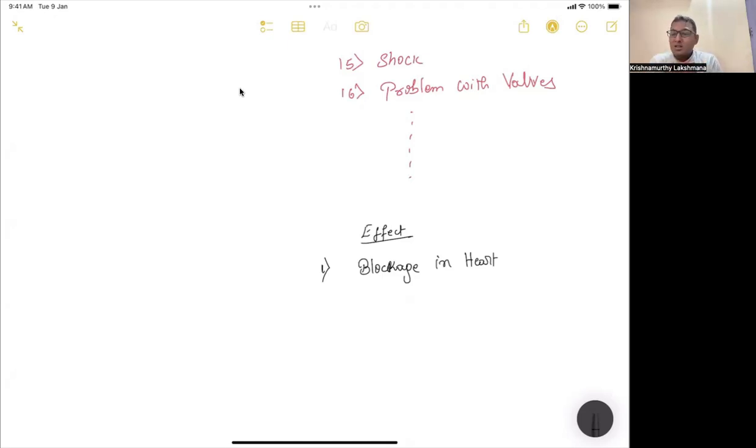But what is the cause? Why did the block get created? Because of phlegm in the blood. Imbalance of the five elements. Okay.